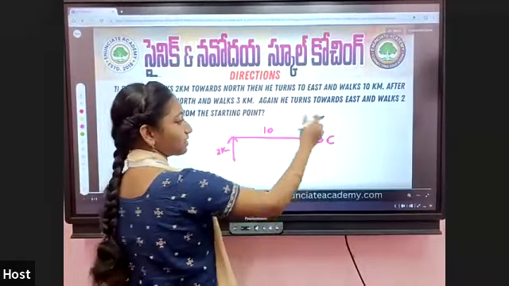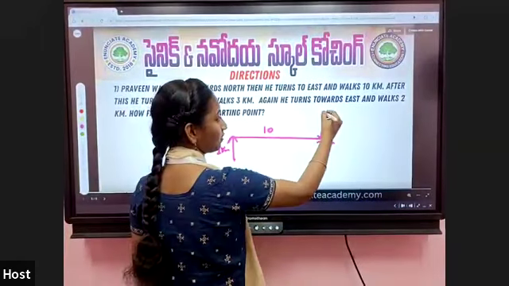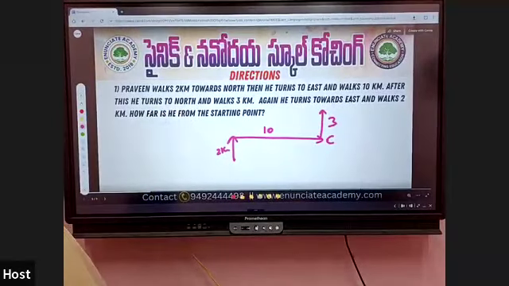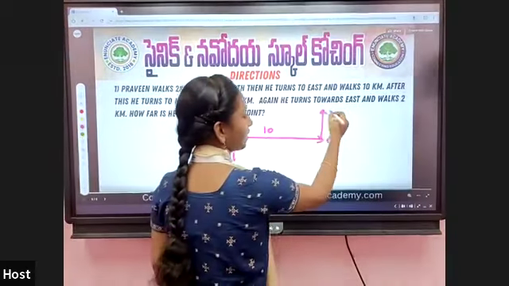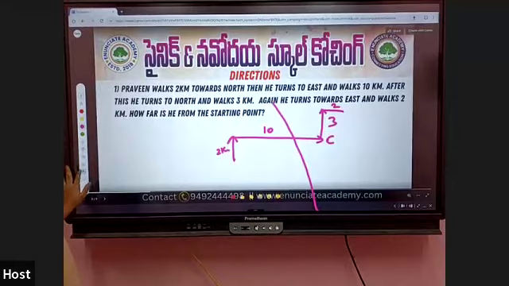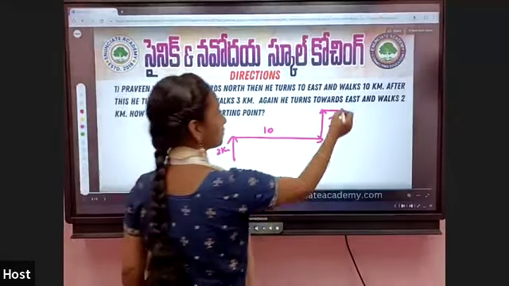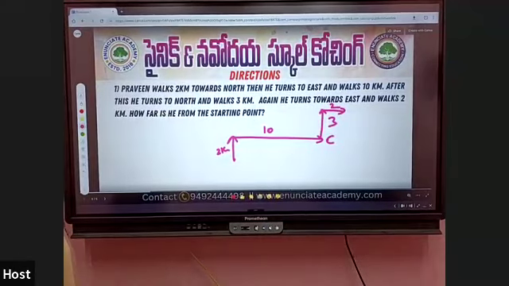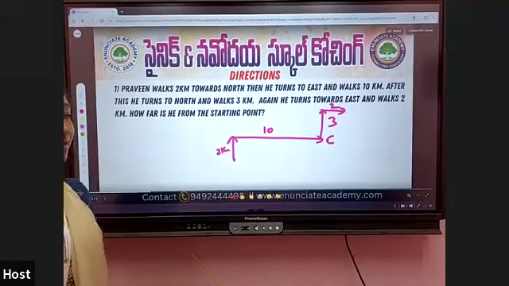Here 2 kilometers and 3 kilometers, we should draw a little bit bigger. Again he turns to the east and walks 2 kilometers. How far is he from the starting point?